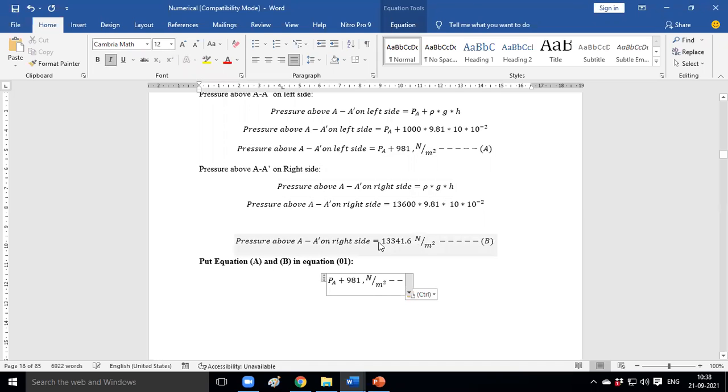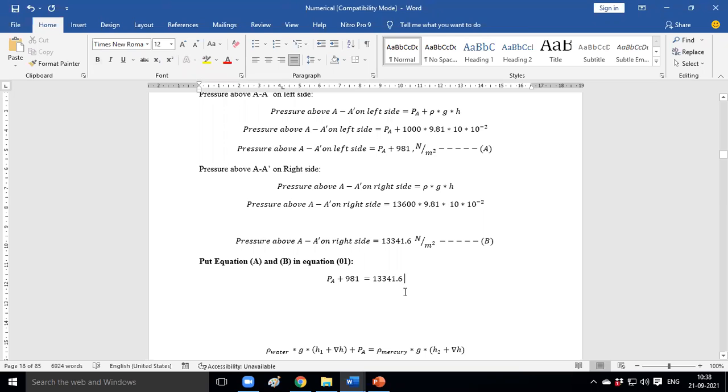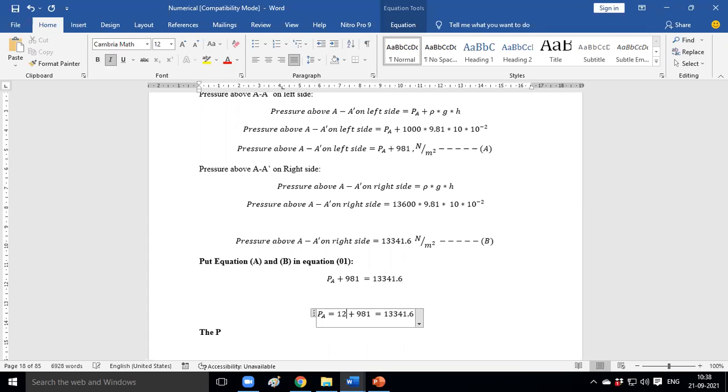So find this value. This is the equation: PA plus 981 is equal to 13,341.6. You can do the calculation and tell me the value of PA, and that PA represents the pressure in the pipeline. 12,360.6.